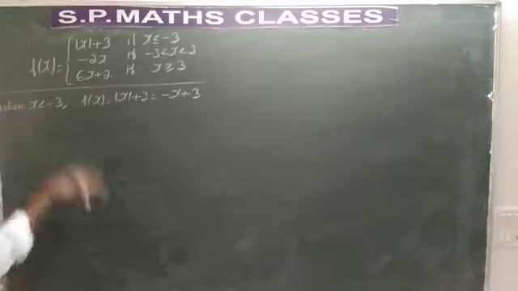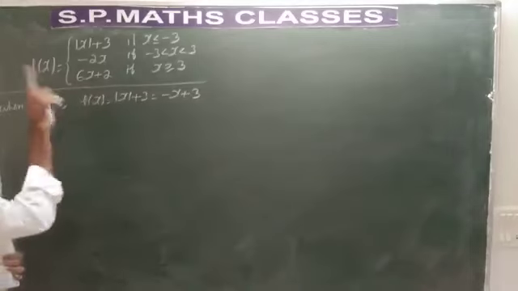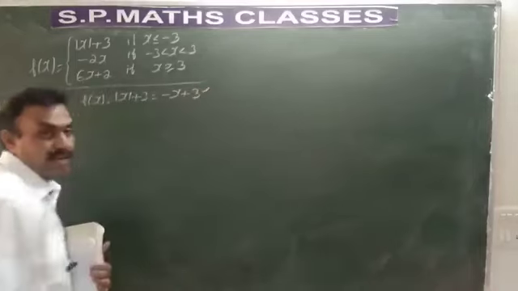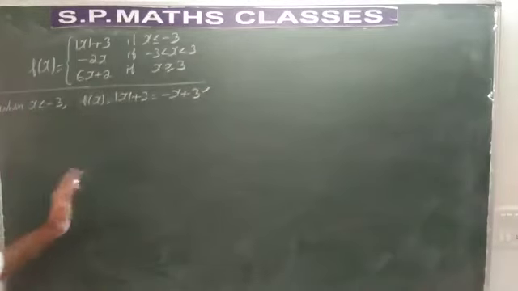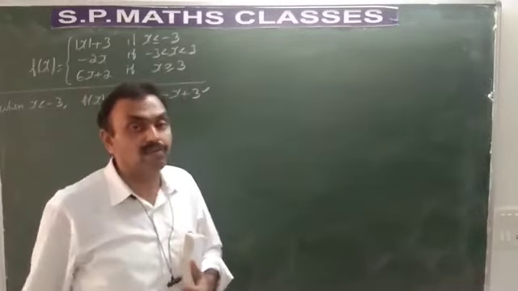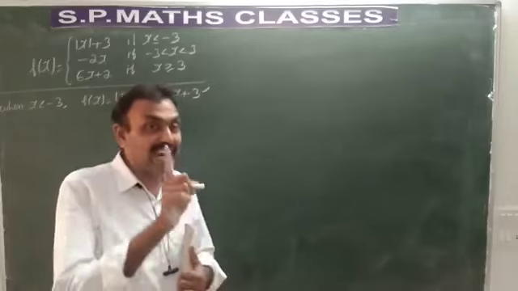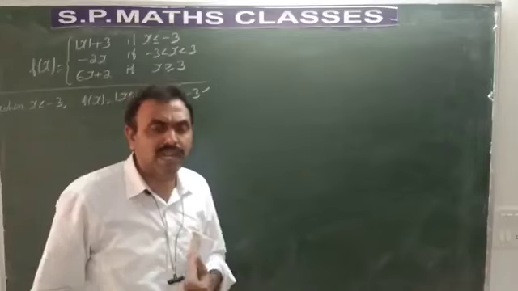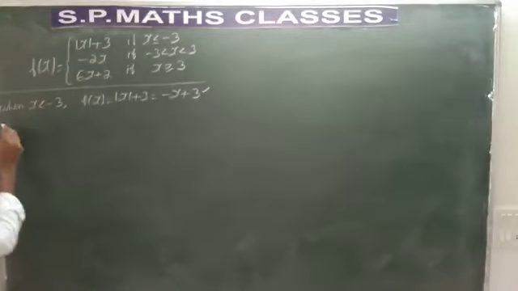Suppose if x is greater than or equal to minus 3, then you have to take modulus x as plus x. Remember, this is a polynomial. Hence, for all values less than minus 3, it is said to be continuous. I think one point is clear for you. For all x less than minus 3, all negative values you can take, it is continuous.